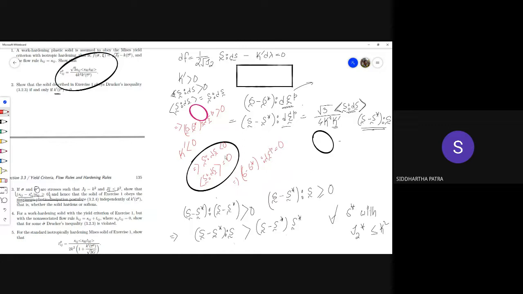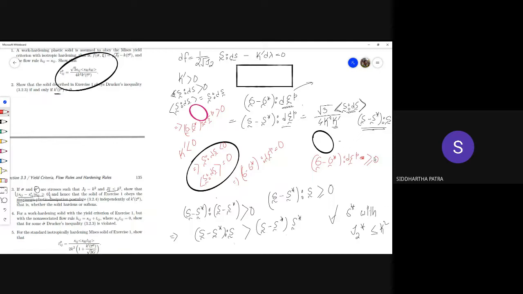So in two situations, together what we have is greater than or equal to 0.